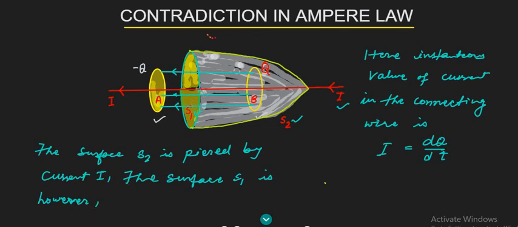This is S1 and there is no current between these two parts. So we can write here, S1 is not pierced by this current, because this surface is in the space between the plates of the capacitor.